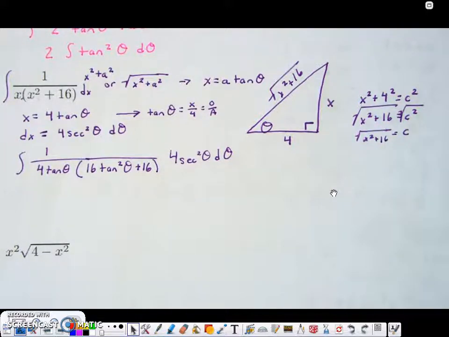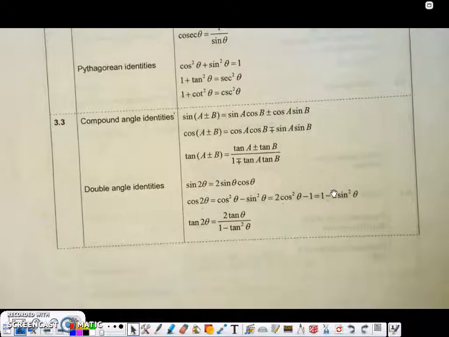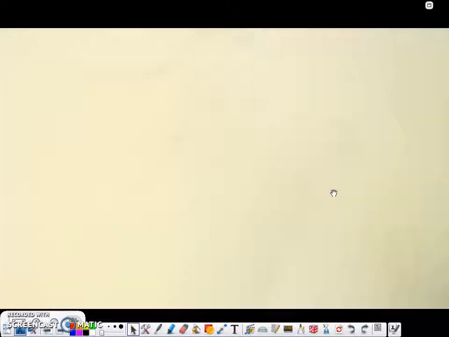Trig substitution ones are one of the hardest kinds. Does one of those things there look like any of your trig identities? Should I show you some trig identities? That's the one we need to use. 1 plus tangent squared theta equals secant squared theta.